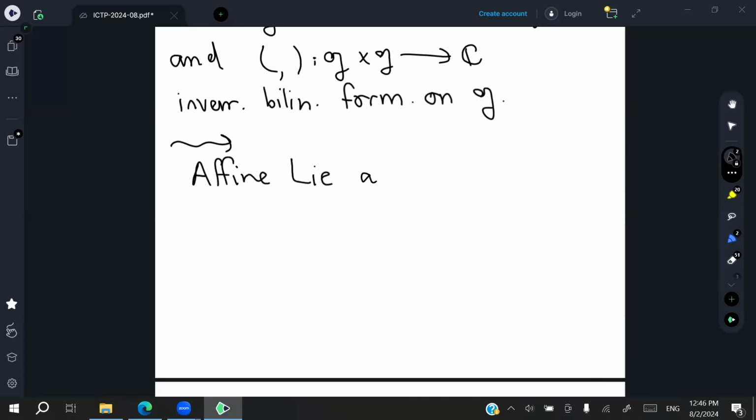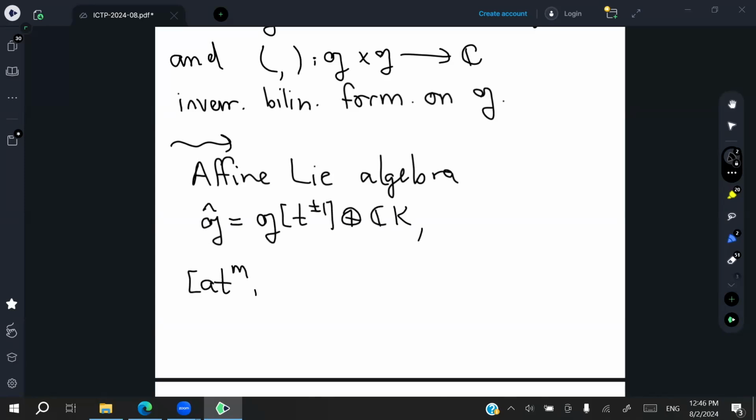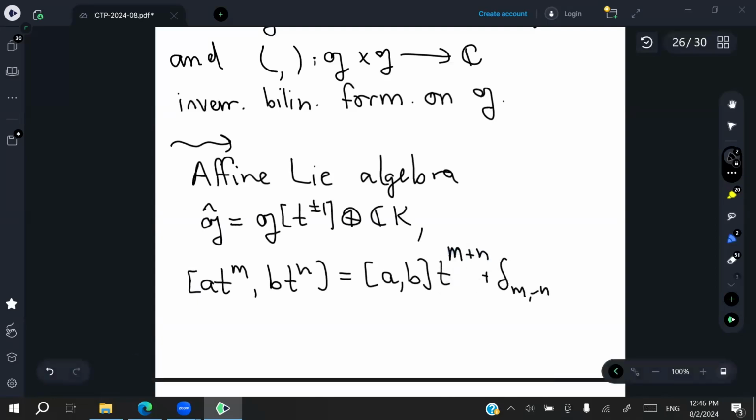affine Lie algebra, which is almost a Kac-Moody algebra, given by G hat as G tensor Laurent polynomials, plus C K, with bracket A t to the m, B t to the n equal to AB t to the m plus n plus delta m minus n, m, times the form of A and B, times K, where K is central.